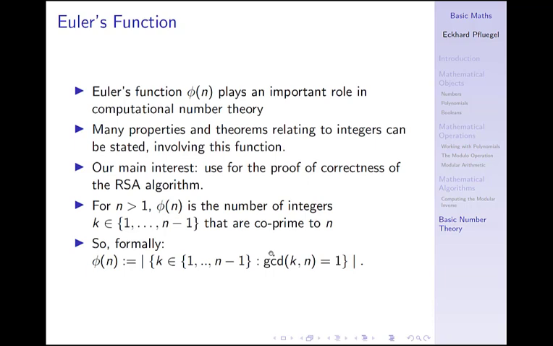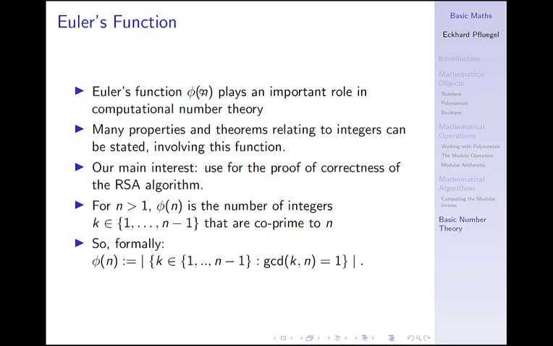So now we will introduce Euler's function, quite often written as phi of n, which plays a very important role in computational number theory. It is often used to express complex statements and theorems that relate to integers, and you can use the function phi as a part of the statement.